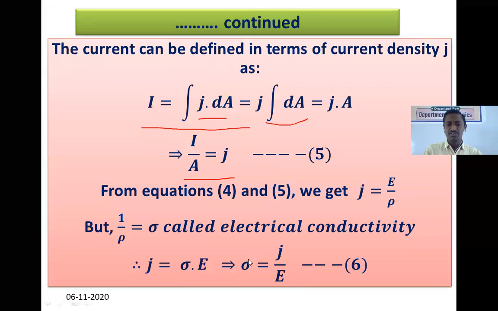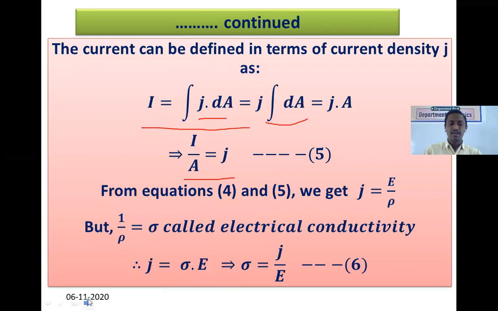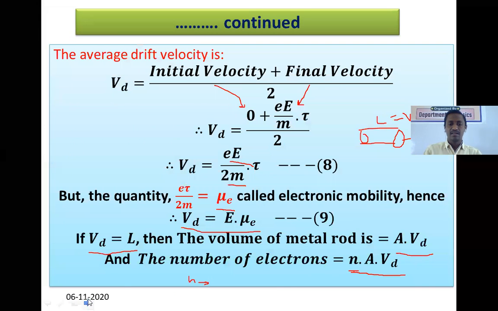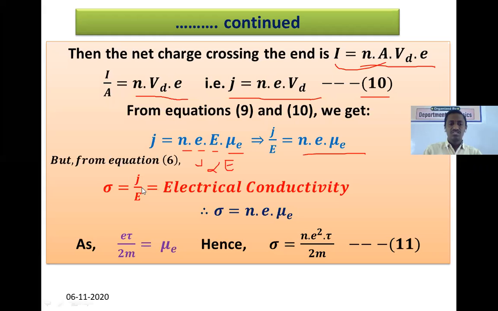Here in equation 6, sigma equals J upon E. So put the value of this J by E equals sigma in equation number 10. Therefore the above equation becomes sigma equals n e into mu E.